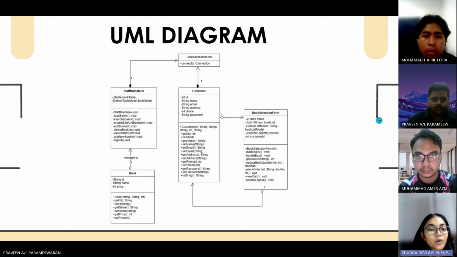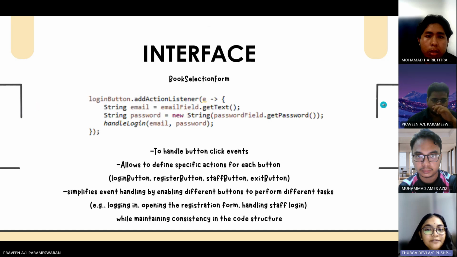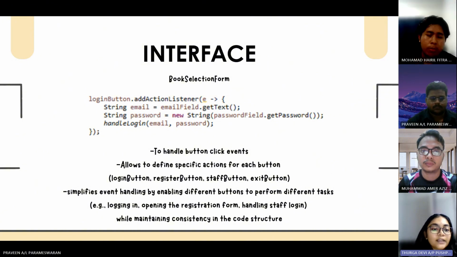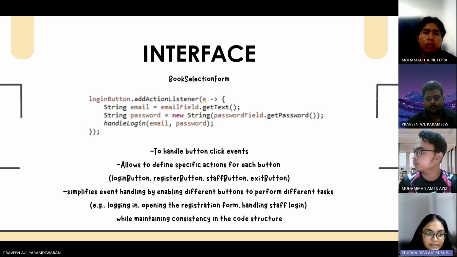Next, we also apply the interface concept, also from the book selection form, and this is the code we implement. For the interface, we handle button click events, and it allows defining a specific action for each button. For example, we have a login button, register button, staff button, and exit button.